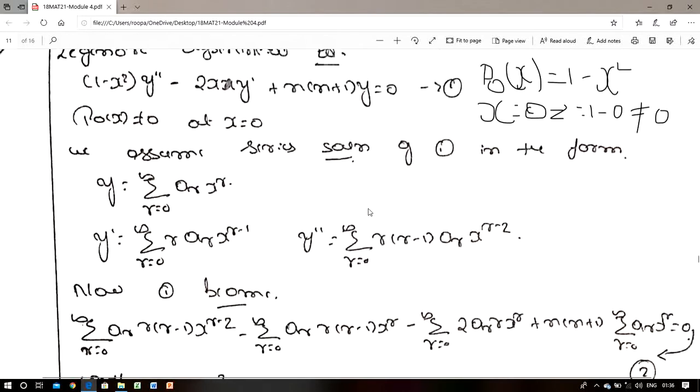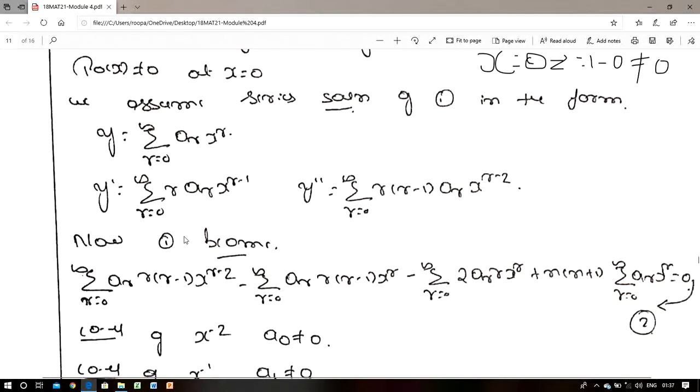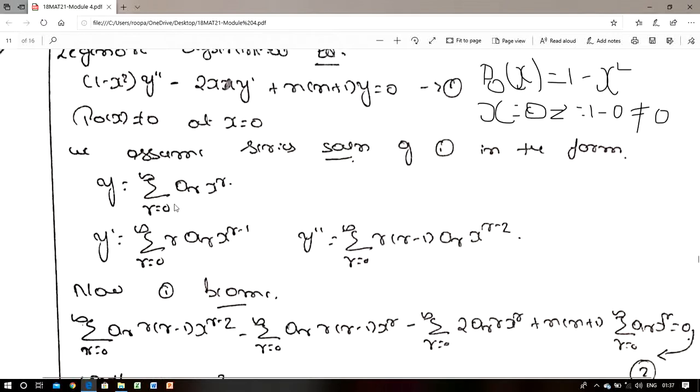So I directly multiply with (1 minus x squared) also.